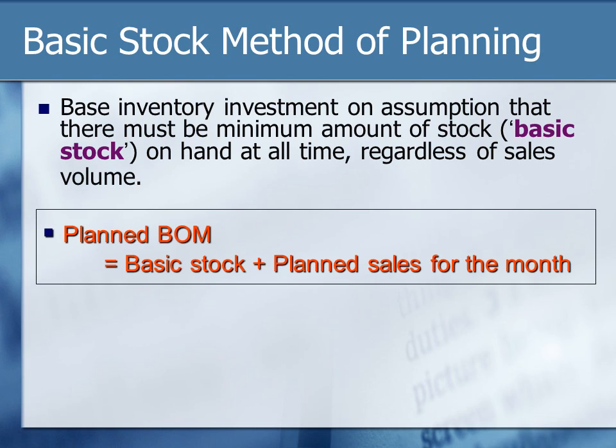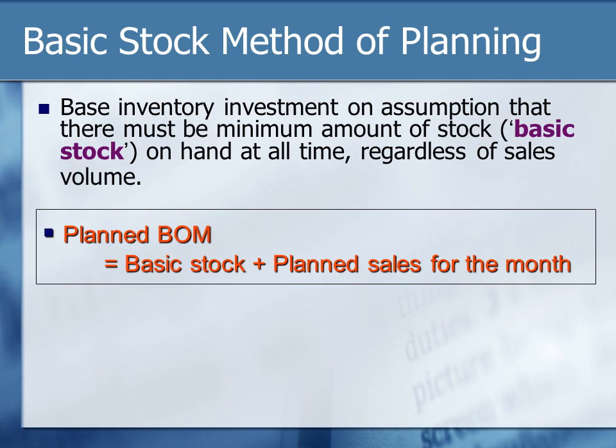So naturally, the planned stock level is going to be determined by the basic stock level plus the planned sales for the month. And that is going to indicate the BOM, beginning of month, stock level for each month. This basic stock part is consistent. The amount is consistent across all months.